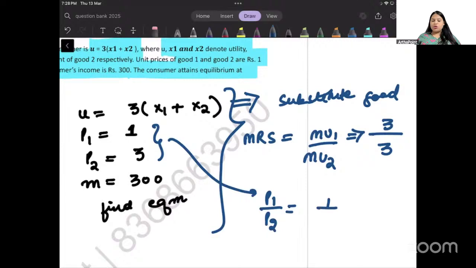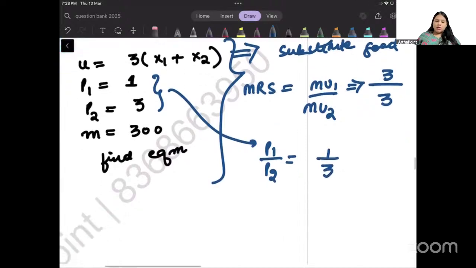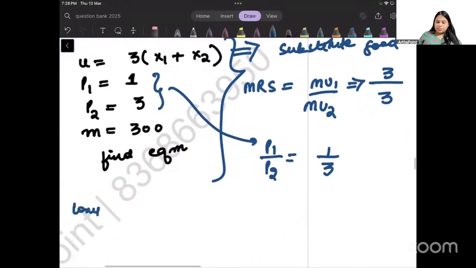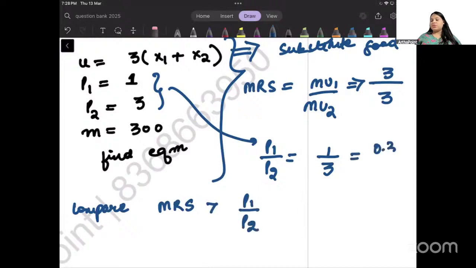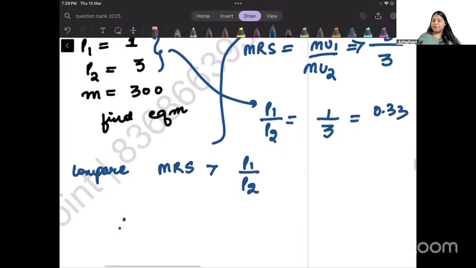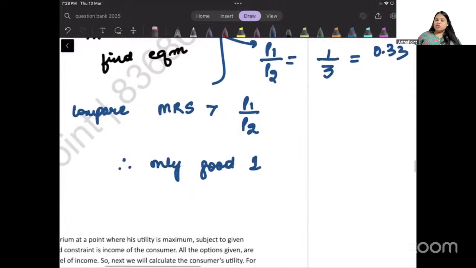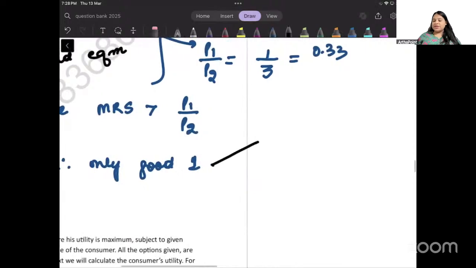Now beta, find out P1 by P2. P1 by P2 will be 1 by 3. So compare. MRS is greater than P1 by P2. ये 0.33 है. So if MRS is greater than P1 by P2, you will consume only good 1. If you will consume only good 1, तो good 1 का कितना consumption हो जाएगा?